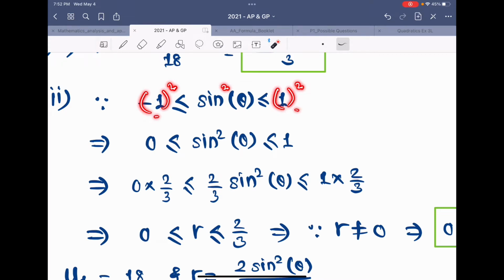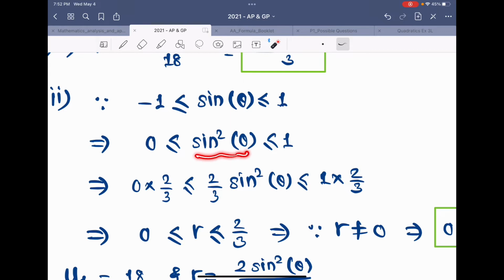So on both sides I am getting positive 1, so the upper limit is definitely positive 1 and the lower limit has to be 0, because sine is 0 on the x-axis. Sin 0 is 0, sin 180 is 0, sin 360 is 0. So the lower limit is always 0 when I am talking about sin²θ. If I talk about sin θ, the maximum value is 1 and the minimum value is minus 1. But for sin²θ, the maximum value is 1 and the minimum value is 0.